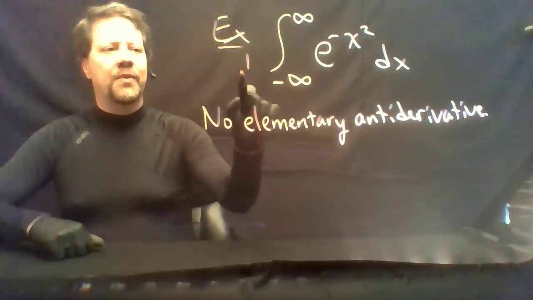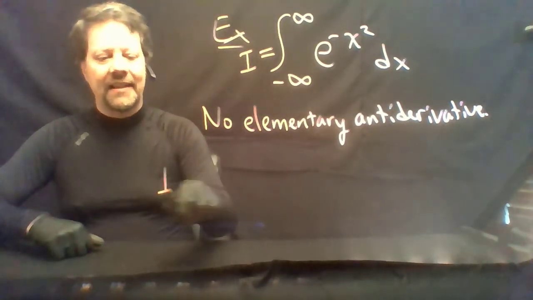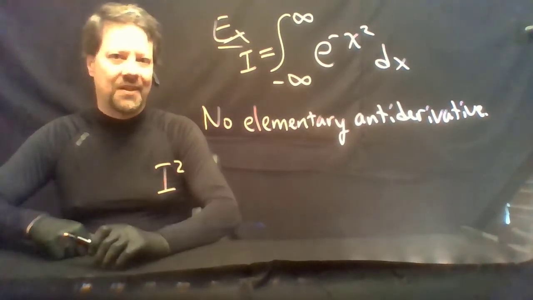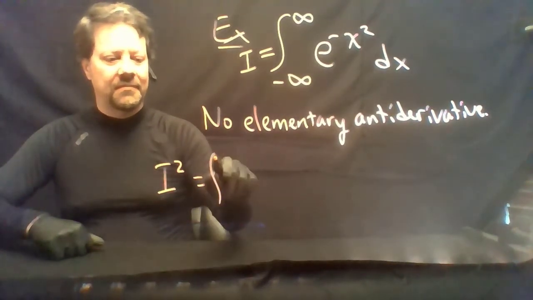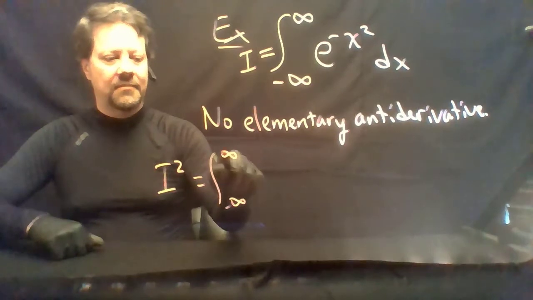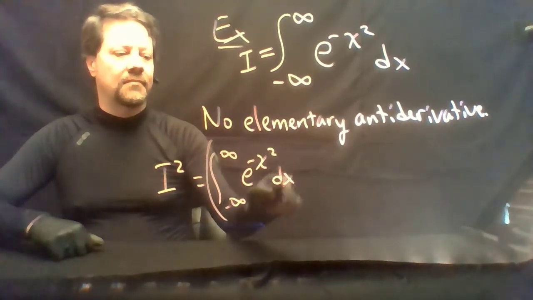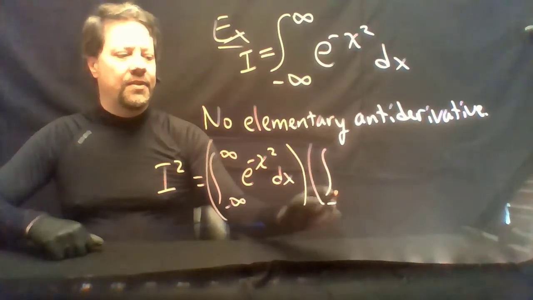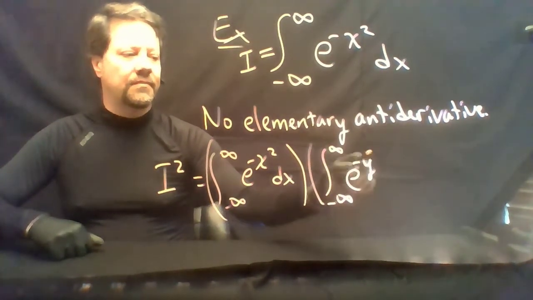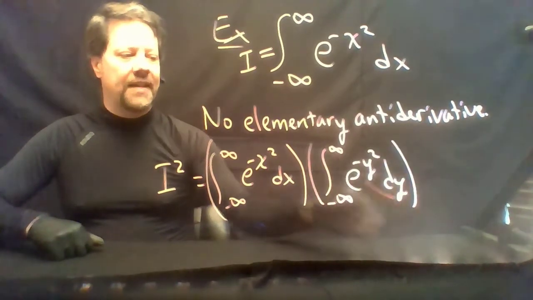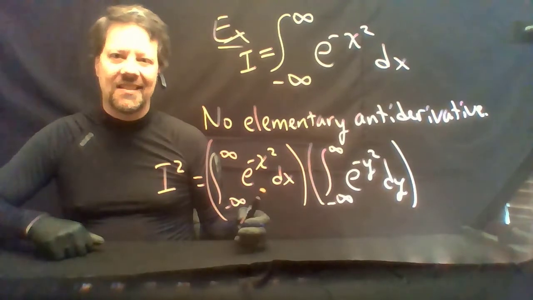What I'm going to do is set the integral equal to a constant I, and look at I squared, the integral times itself. It shouldn't matter what I call the variable, because after I evaluate the limits of integration, I end up with a constant.